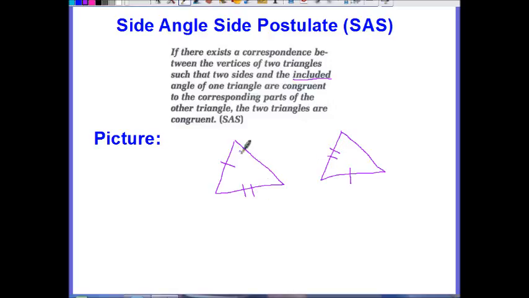Now the angle that's smashed in the middle, well, let's look at it. There's one side. Here's the other side. So here would be my angle smashed in the middle. Here's one side. Here's my other side. So here's my angle smashed in the middle. With these pieces of congruency, we would have our triangles congruent by side, angle, side.